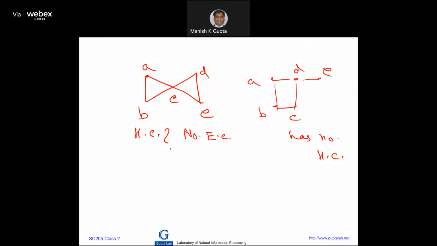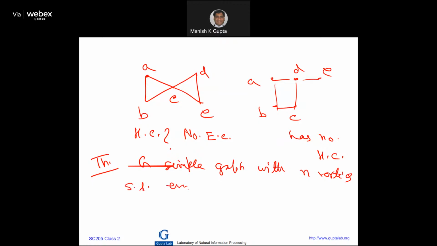So the question is when we will have a Hamiltonian circuit. There is a theorem; I'm just mentioning it. If G is a simple graph with n vertices such that every vertex in G... You can leave it.